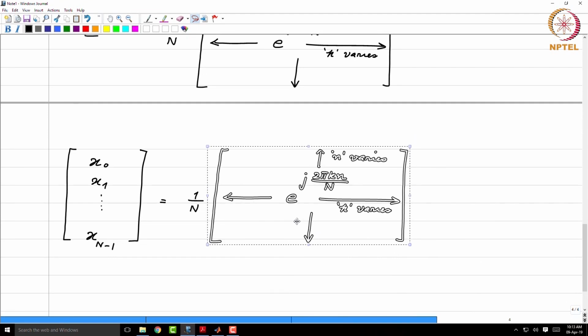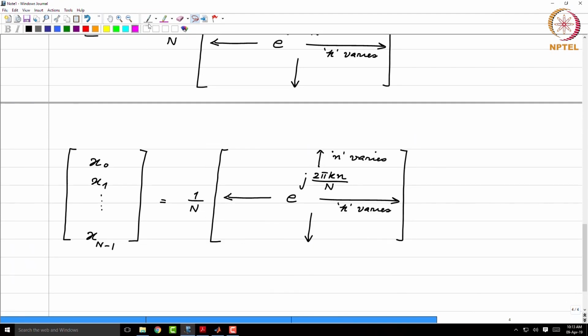So, this is the W inverse matrix, and you recover the data vector. So, you can go from the data vector to the N-point transform vector. From the N-point transform vector, you can go back to the N-point data vector via the inverse DFT matrix.